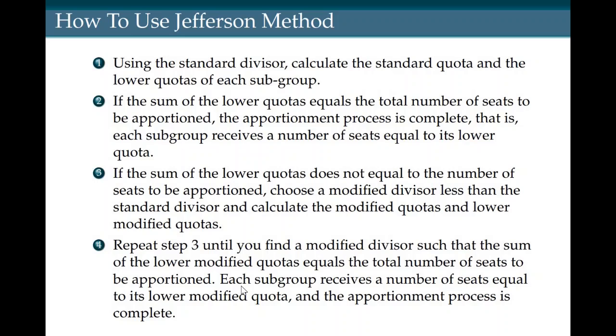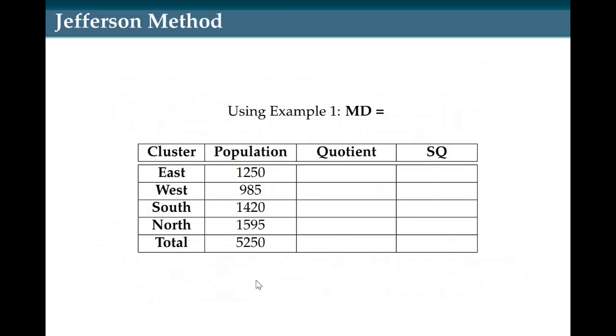To illustrate the Jefferson method, we will consider the previous example. Since the standard divisor is equal to 15, as we have computed from the previous example, the sum of the lower quotas is equal to 348.